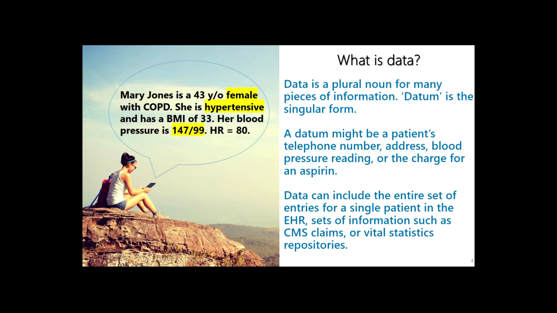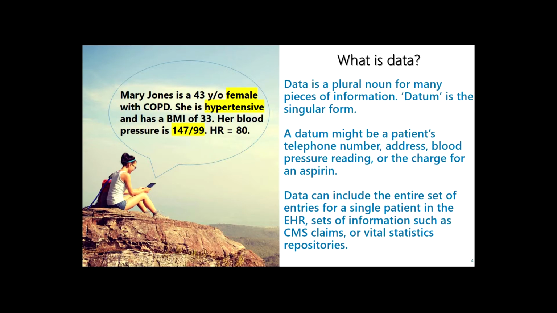So if we look at the example on the left, female is a piece of datum, right? And so is hypertensive, and so is the blood pressure, and the BMI. These are all datum. These are single pieces of information.